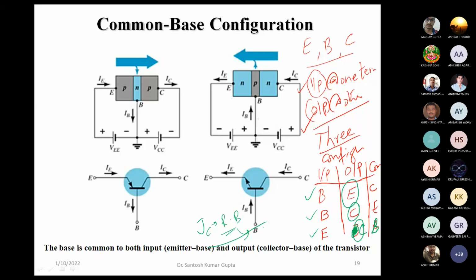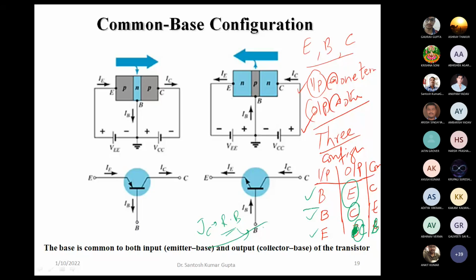The base actually acts just as a controlling gate, so we don't take the output at base. Output can be taken at either emitter or collector, whereas input can be given at base or emitter, and the third terminal is made common.